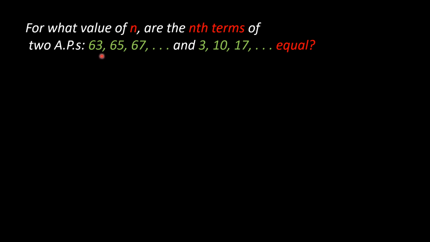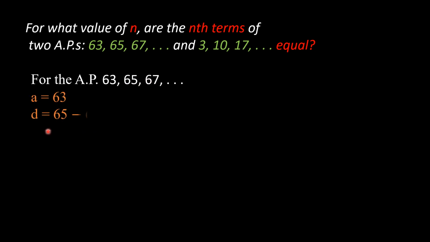We will write the values of a, d and a_n separately for these two A.P.s. So for the A.P. 63, 65, 67, we have a equals 63, d equals 65 minus 63, which is 2, and a_n is 63 plus (n minus 1) into d. 63 is first term a and d is 2.